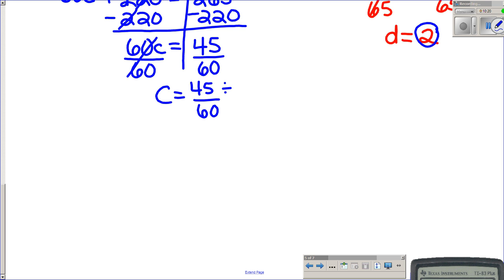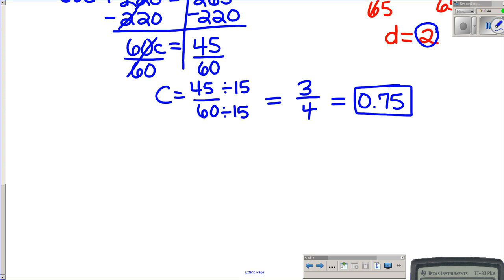So we can divide 45 by 15. We can also divide 60 by 15. 45 divided by 15 is 3. 60 divided by 15 is 4. And 3/4 as a decimal is 0.75. 0 represents dollars, 75 represents cents. So the cost of the candy bar is 75 cents.